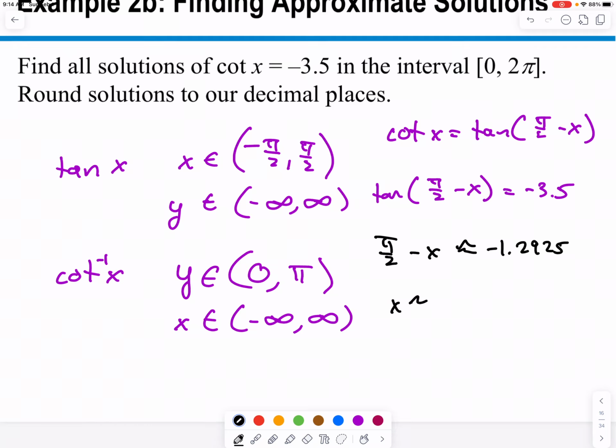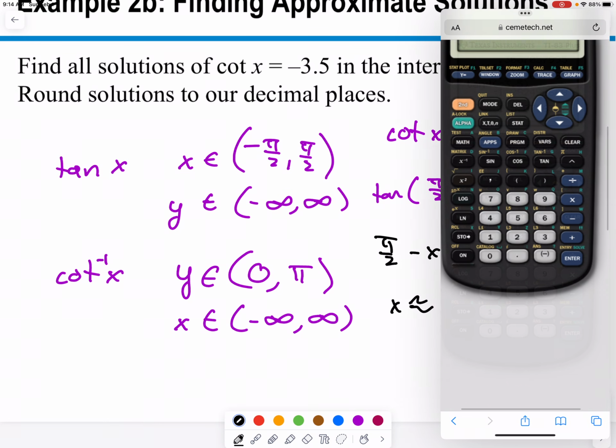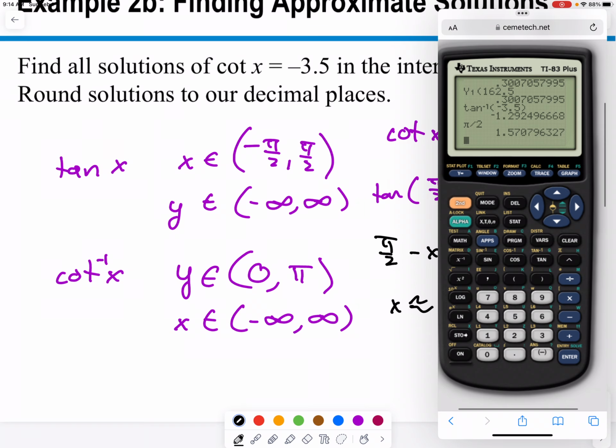So then x is going to be approximately, let me see. I want to say pi over 2 plus that number. Okay. Let me go like this real quick. I want to say negative of that answer plus pi over 2.